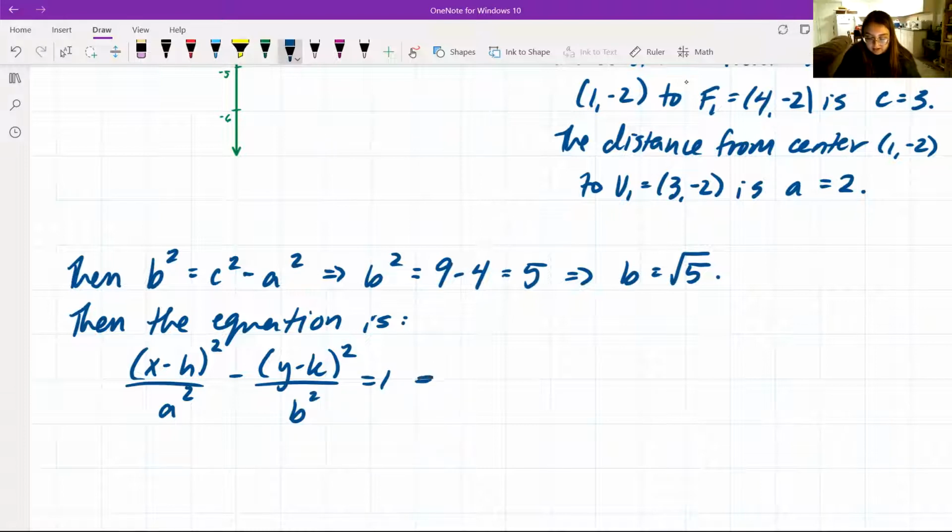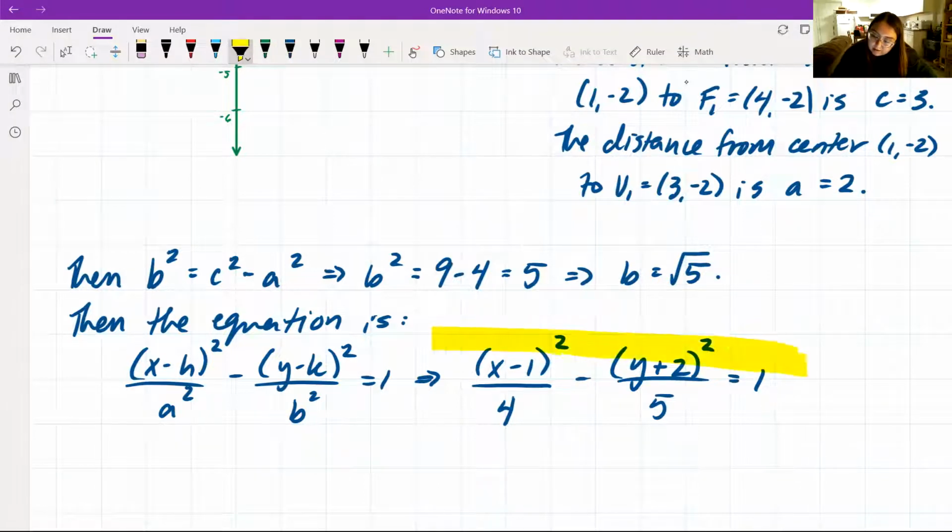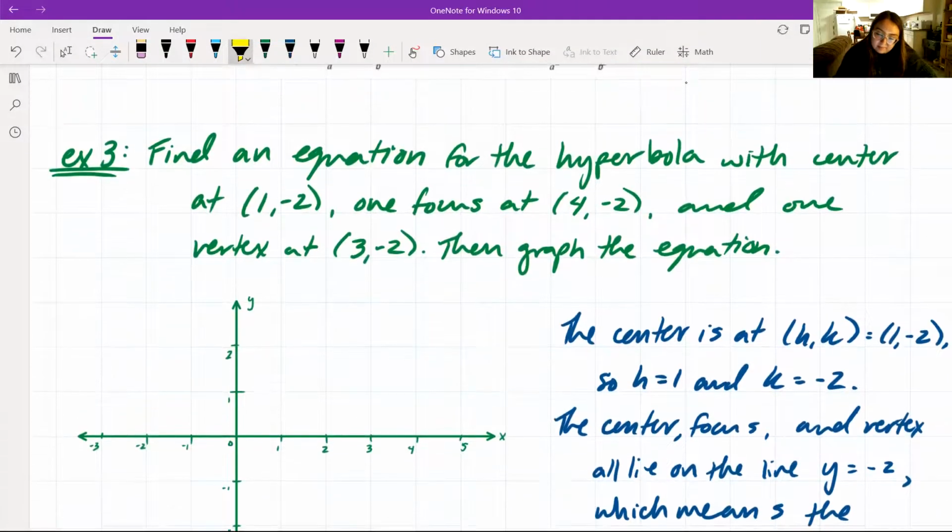Plugging everything that we have in, we're going to get x minus 1 squared over a squared, which is 4, minus y minus k, so it would be y minus negative 2. This is just going to be y plus 2 squared over b squared, which was 5, is equal to 1. So this is our equation. This is what our problem asks us to find.